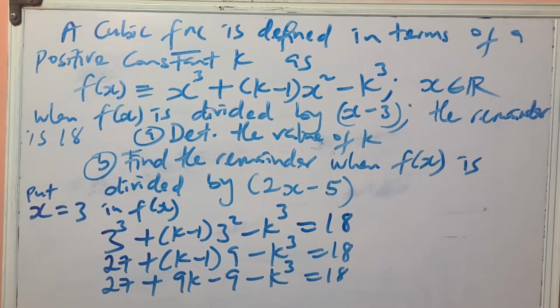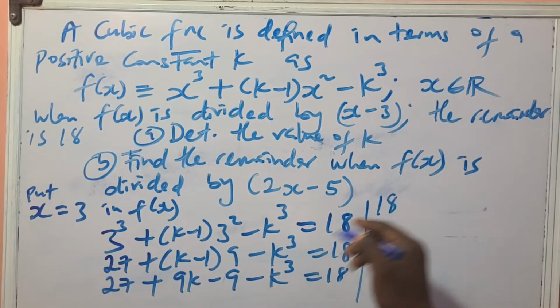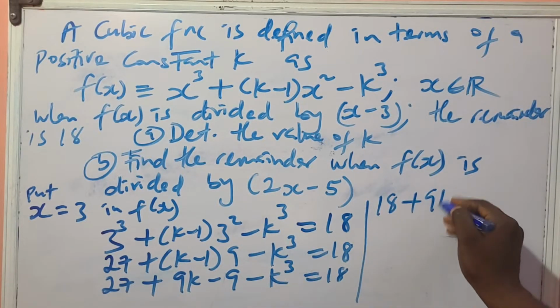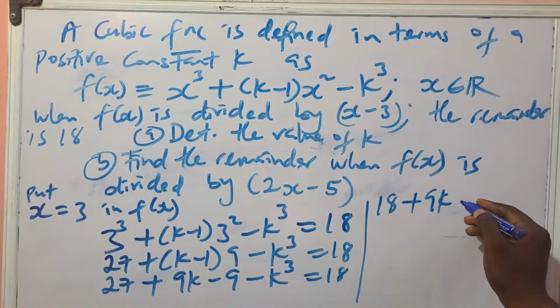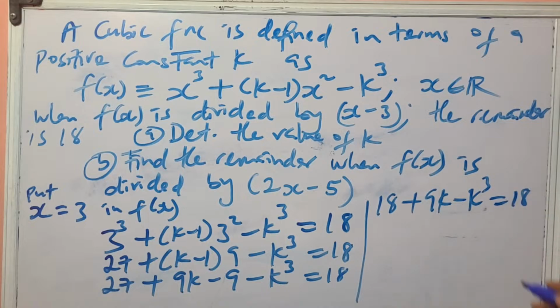So what you can do now is observe your like terms. Of course, 27 minus 9 will give you 18. So we'll be having 18 plus 9k minus k cubed equals 18.